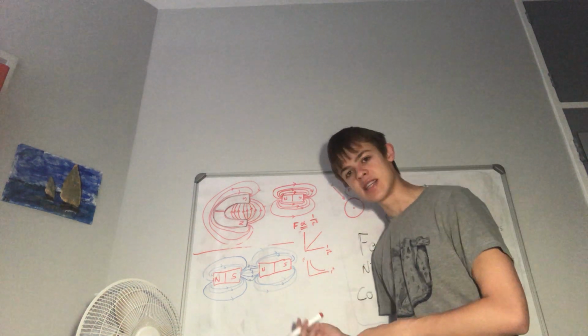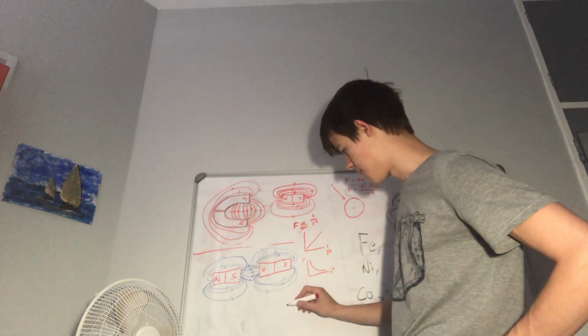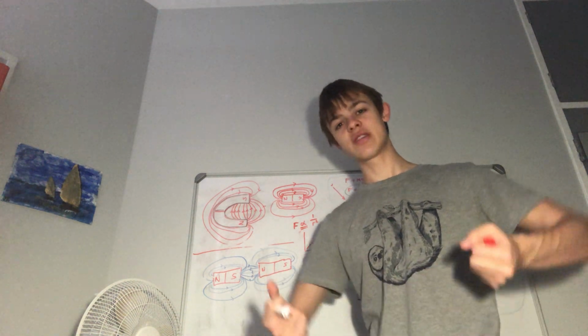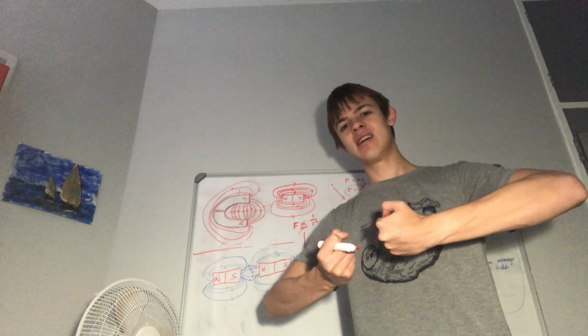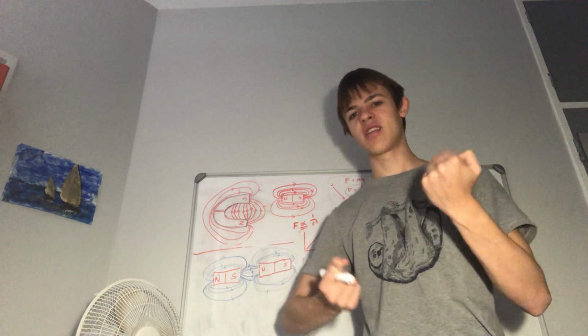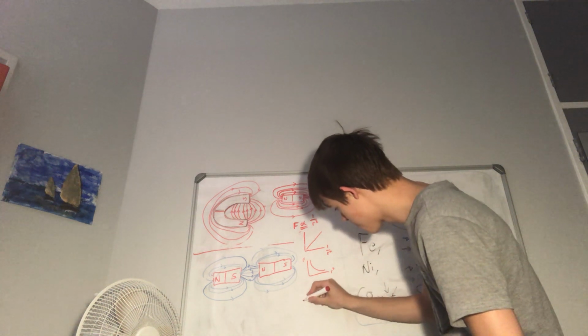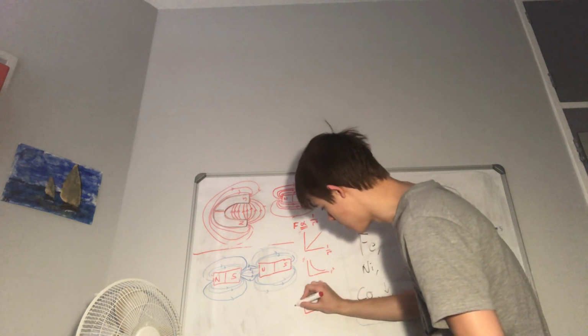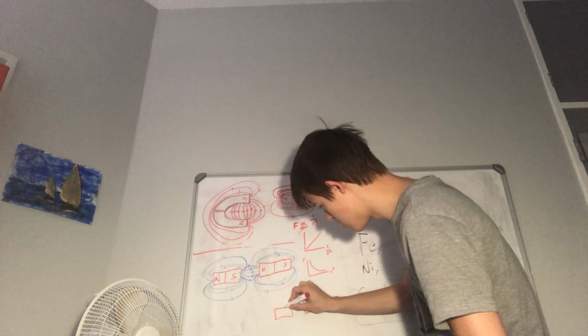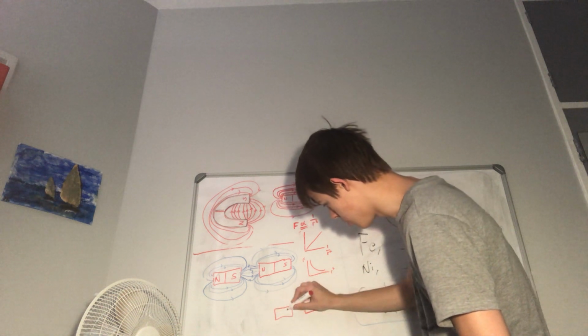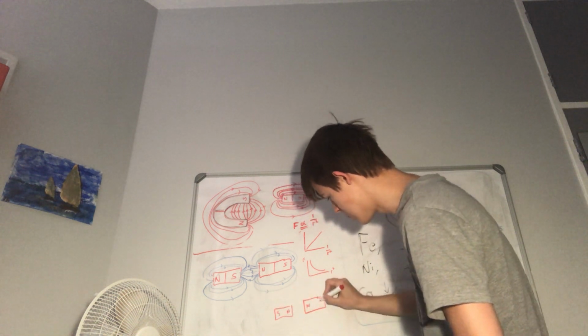So the other case is where you have two north poles coming together. South pole, they attract each other because north and south attract each other. And then with the north pole, you have one, two. Let's say this is the north pole, and this is the south pole.